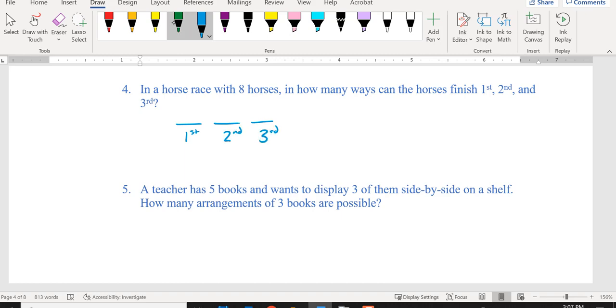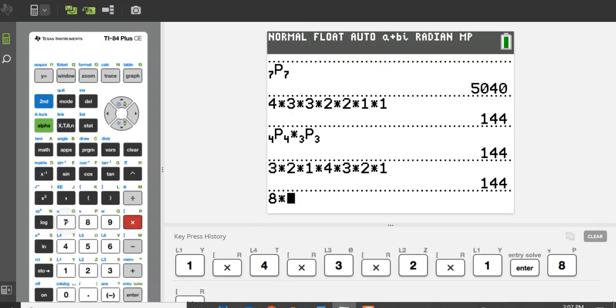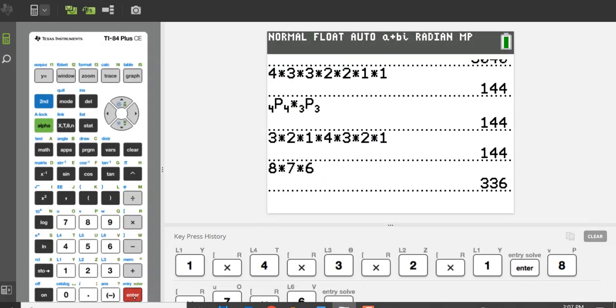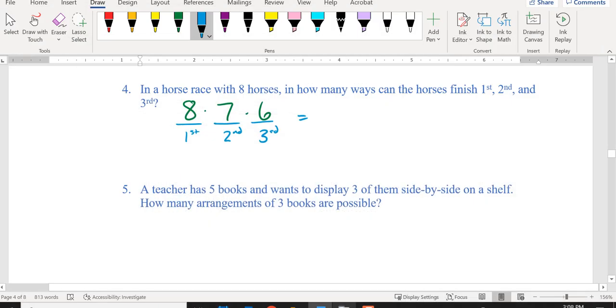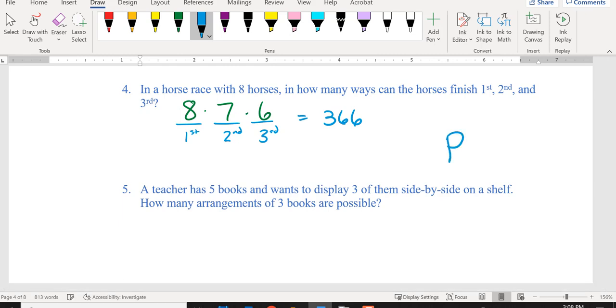There are 8 horses, so we can have 8, 7, 6. I put first, second, third down here because that indicates order matters. And remember, order is with a permutation.